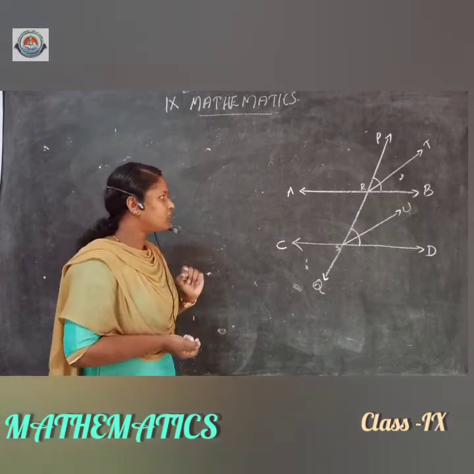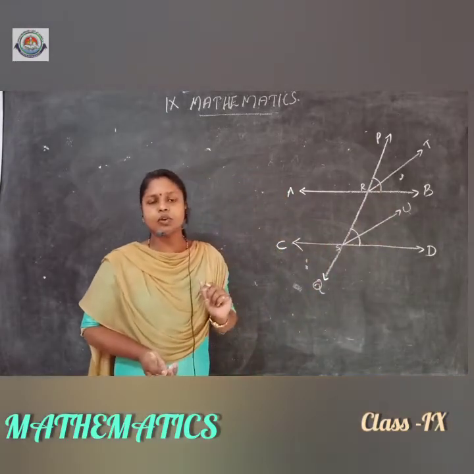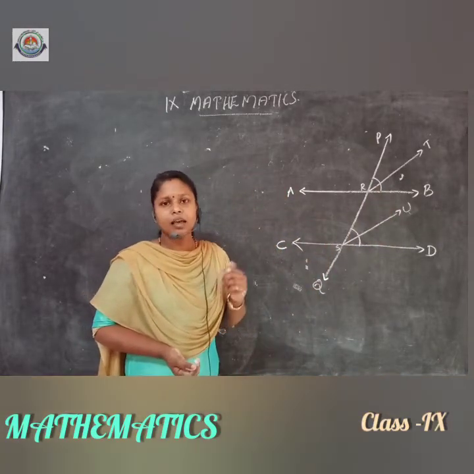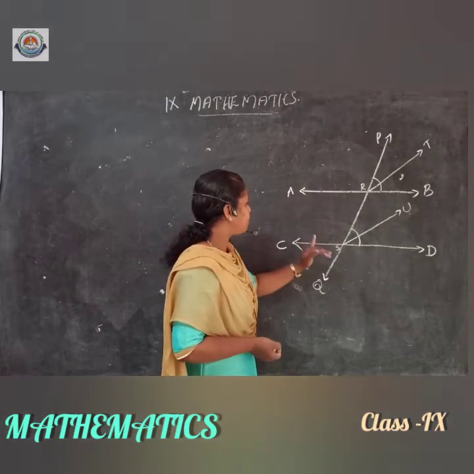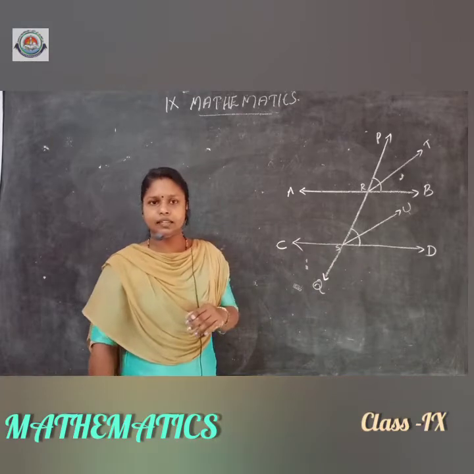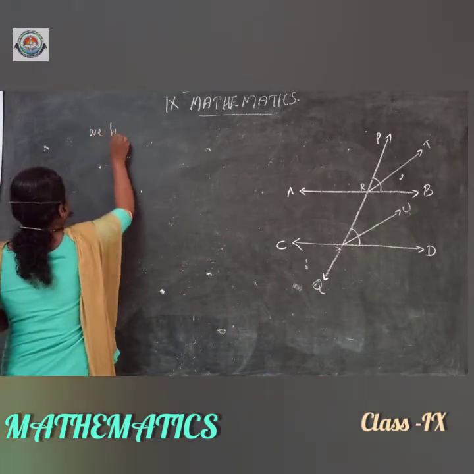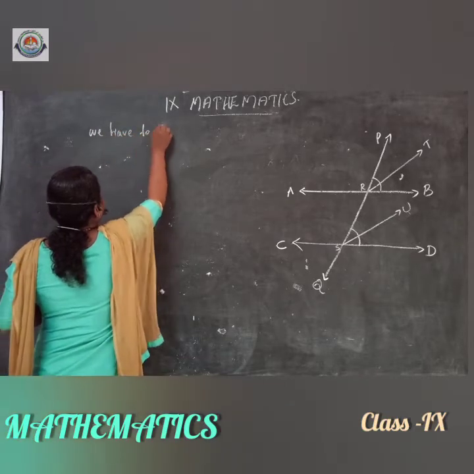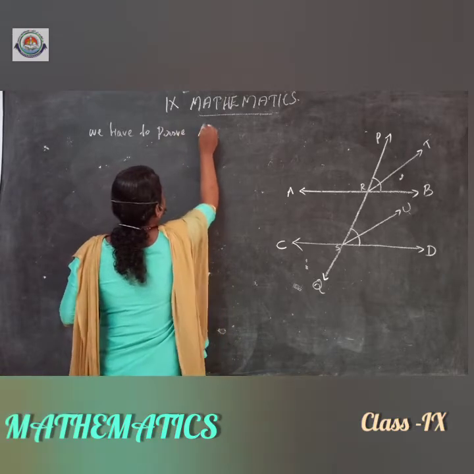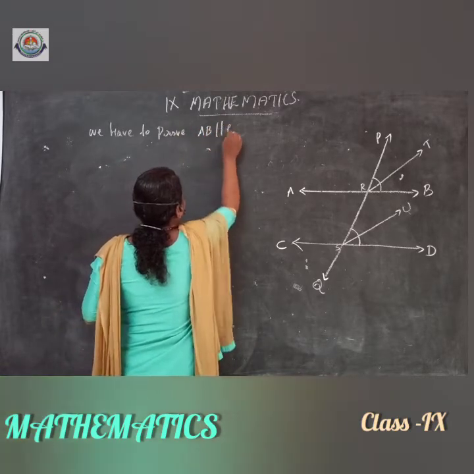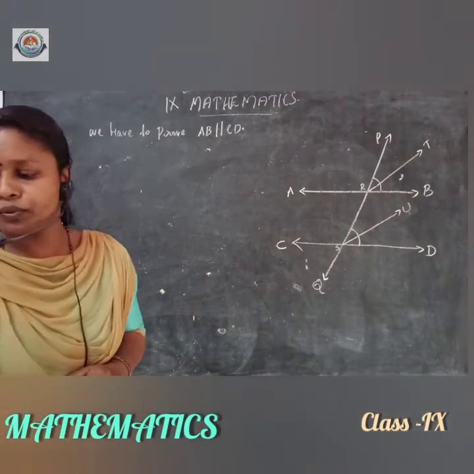And one more thing, these bisectors are parallel. Then we need to prove AB is parallel to CD.